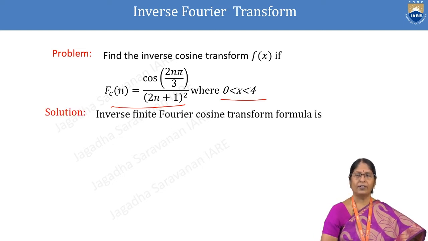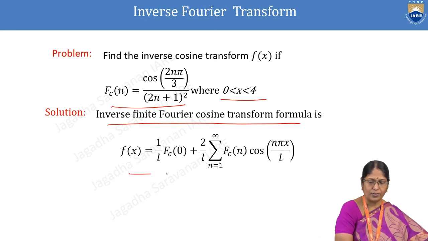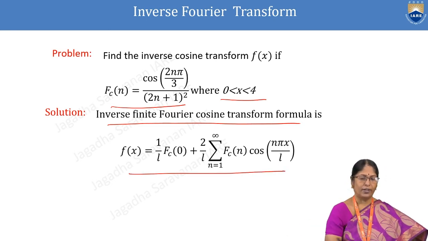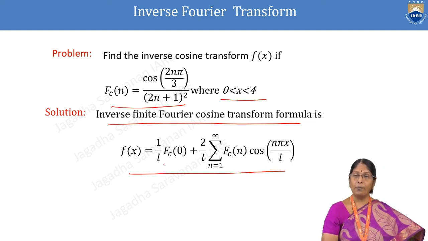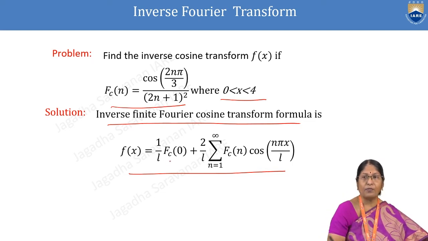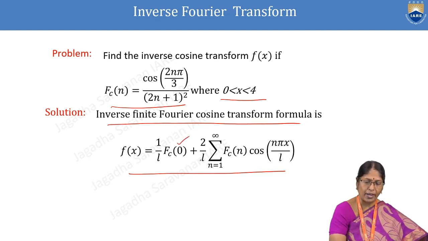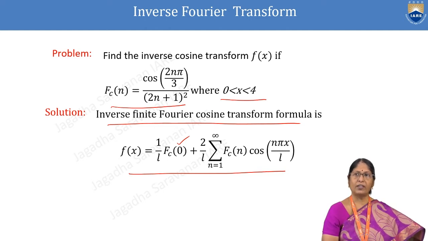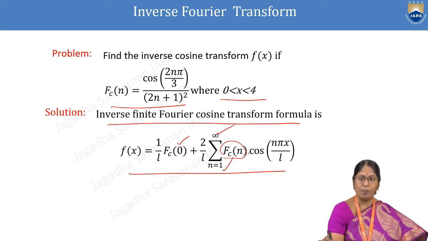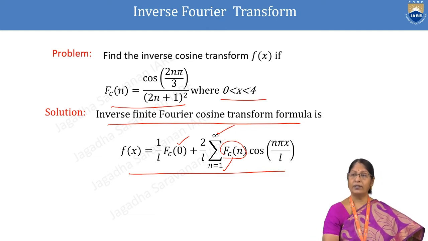We will write the inverse finite Fourier cosine transform formula: f of x equals 1 by L F capital Fourier cosine of 0, plus 2 by L, summation where n takes the value from 1 to infinity, Fourier cosine transform, cos of n pi x by L.